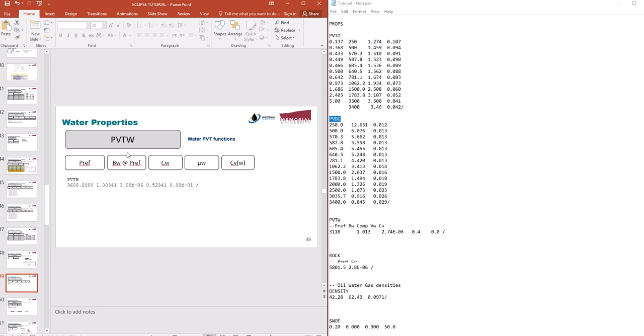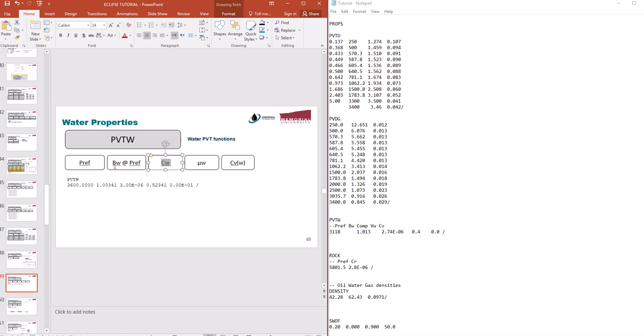The next phase is the water, so we need to tell Eclipse how water is changing with pressure. For water, you need a reference pressure, and the water formation volume factor, or Bw, at that reference pressure. What is the compressibility of water at that reference pressure?